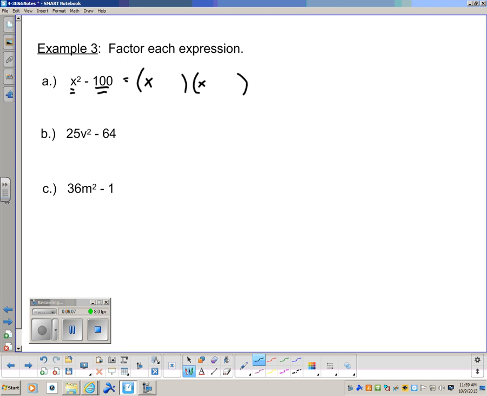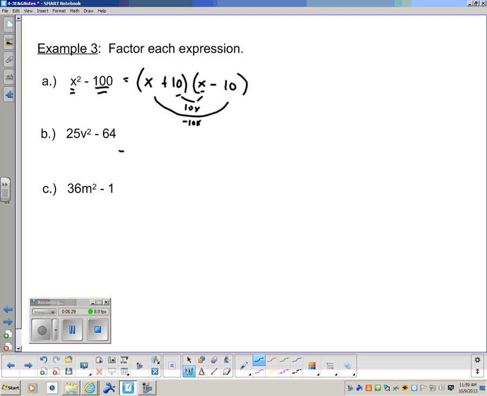Square root of 100 is 10. One's a plus and one's a minus because that way you don't get a middle term. If you try to get it inside here, these two would give me a 10x. Outside here, these would give me a negative 10x, and they end up to be 0. So that's what will happen each time. That's why we don't have 3 terms up there. We only have 2 terms.